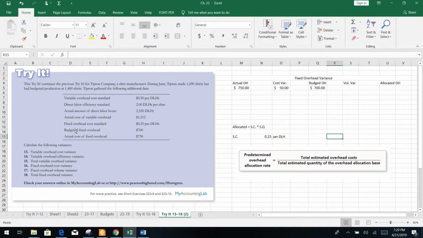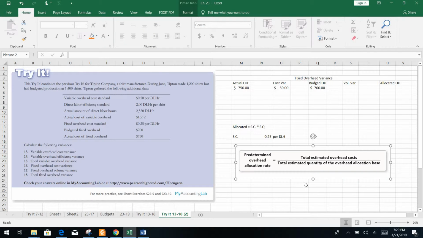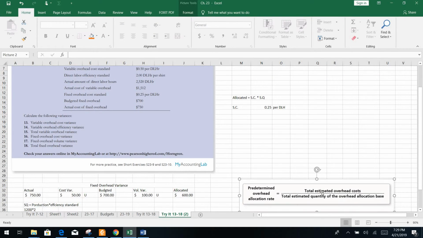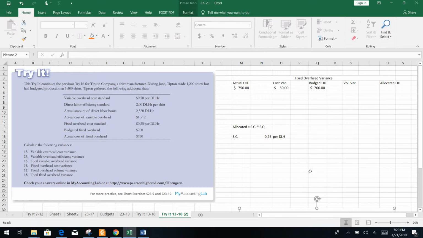In this problem, they gave us actual. So don't confuse actual and estimated. In order to calculate this, we have to use estimated and estimated. So that's the only part about this problem that I don't particularly like.